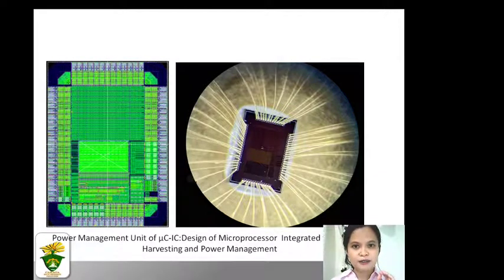It is able to cater to the sensor and transceiver requirement of 2.5 volts, and also supply 1.2 volts for the microprocessor. Even in that tiny size, it is a tremendous design, I think.